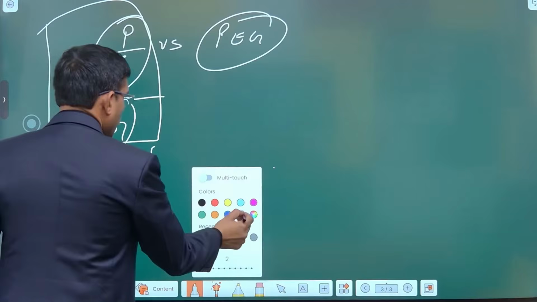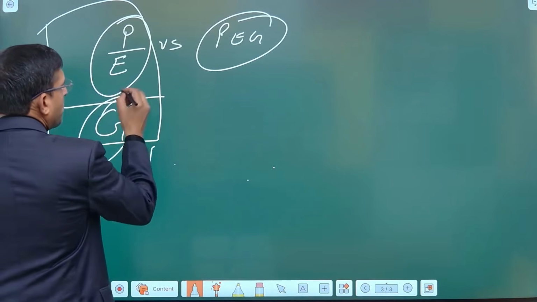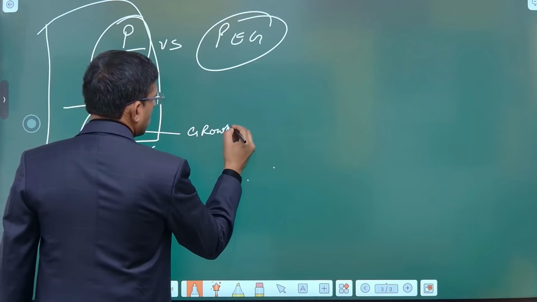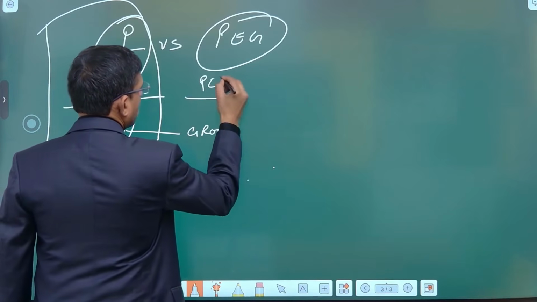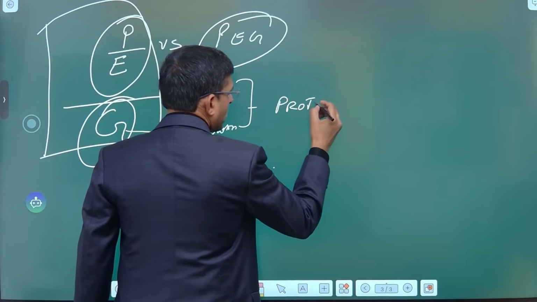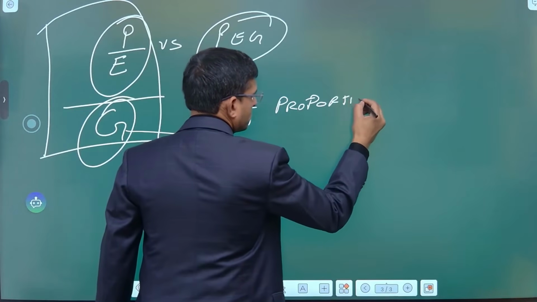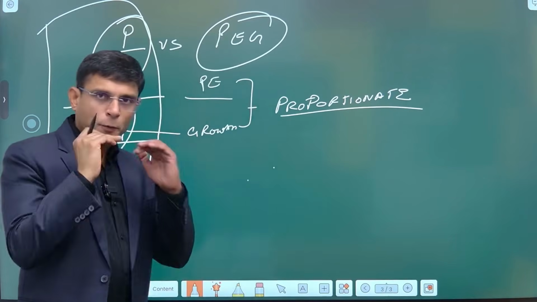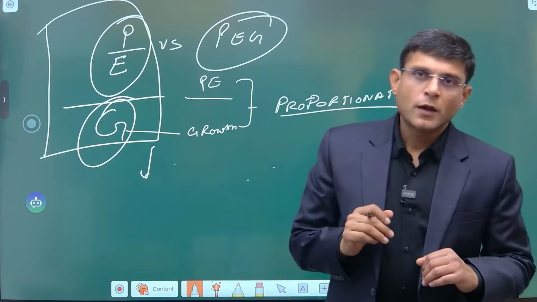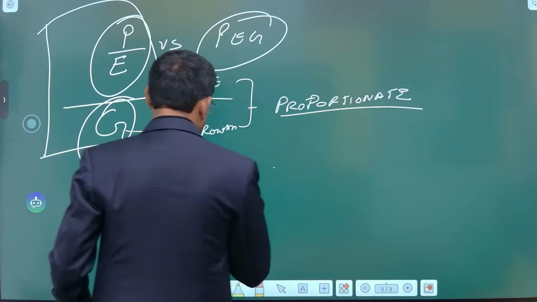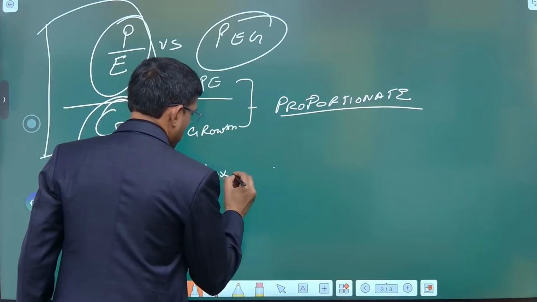So guys, here we are assuming that there is a proportionate relationship between growth and P. They are correlated in a proportionate manner. This relationship is proportionate, means in case the company's current growth is 5% and current P is 10 times, right?